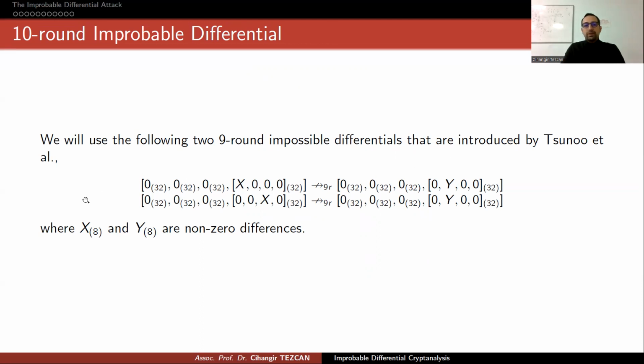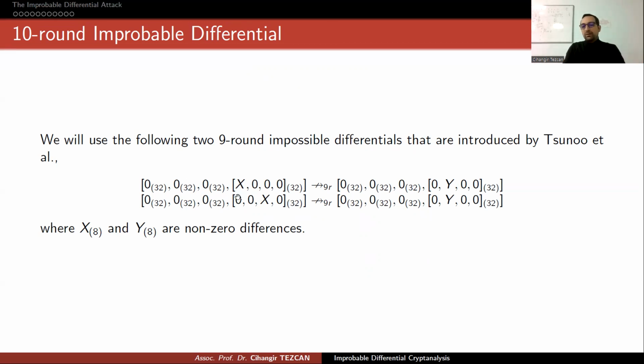In this paper, they say that if we don't give any difference to the first 3 words, and for the last word, we make a difference in the first byte and do not touch the other parts. This is actually a truncated differential because I'm not saying what kind of difference I'm introducing to this byte. I'm just saying that there is a difference. It can be 0001 or 111, anything. So you can have 2 to the 8 different possibilities for this. This is why this is a truncated differential.